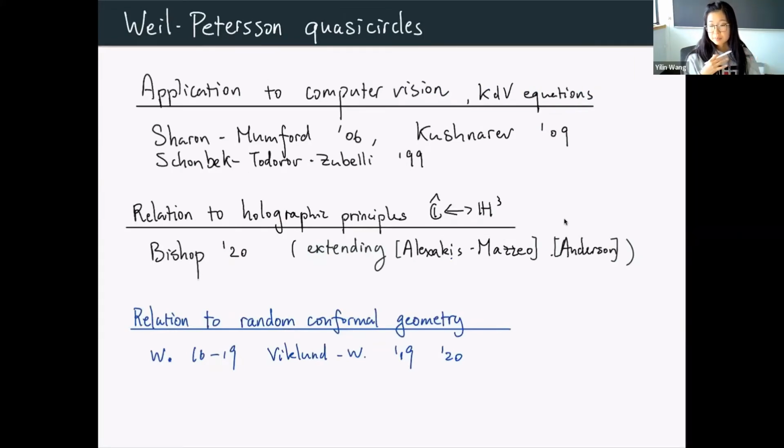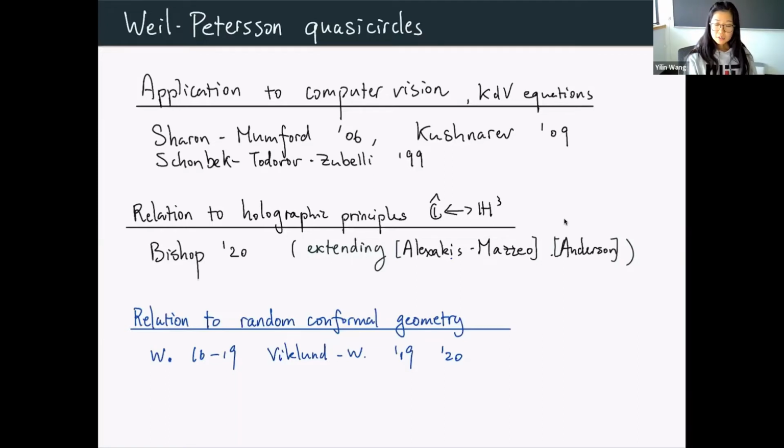Also, because there's such a nice metric, which actually has negative curvature, the Weil-Petersson metric, it's nice to describe the distance of two different shapes, and this is the approach taken by Sharon and Mumford to apply to computer vision, and their relation to KdV equations.